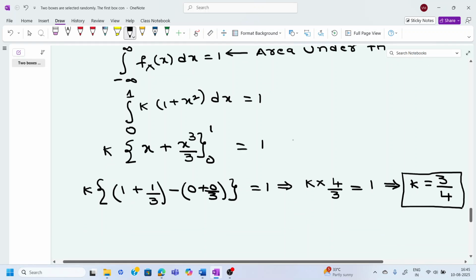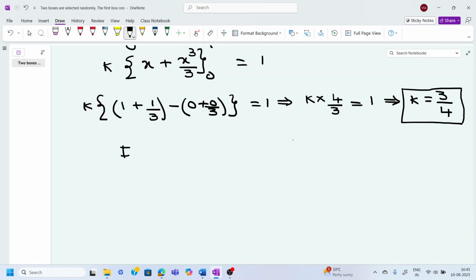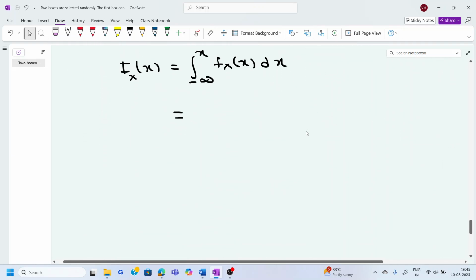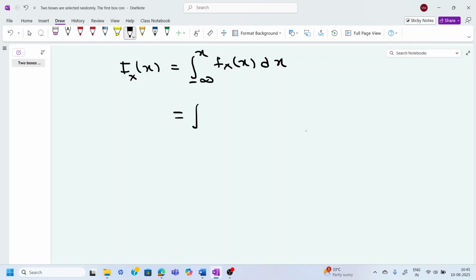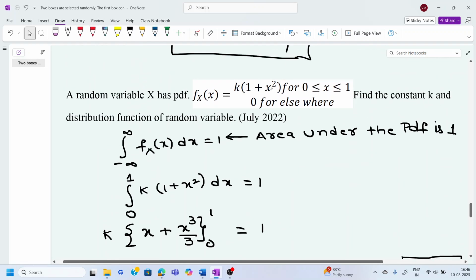We know the relation between density function and distribution function: the distribution function F_X(x) is nothing but the integral from minus infinity to x of f_X(x) dx. Again, the function is defined only from 0, so while substituting the lower limit we replace it with 0, to x, and the constant that we have found out is 3 by 4, and then we substitute the remaining expression.